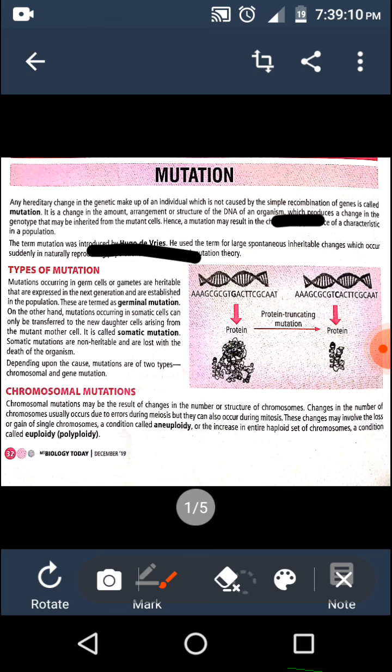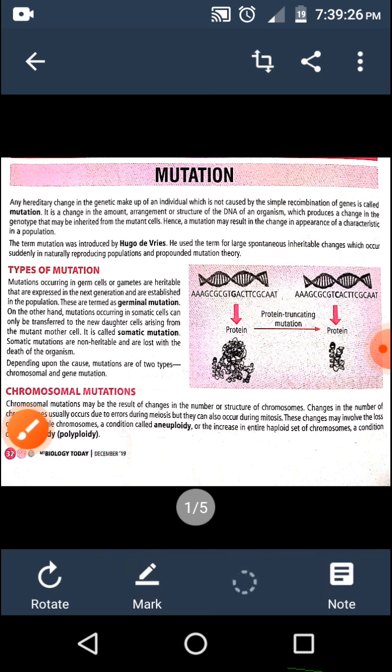He studied in detail this mutation in the evening primrose plant, and he gave an explanation regarding mutation in the individual. When we see mutation, we mainly study it in different types.